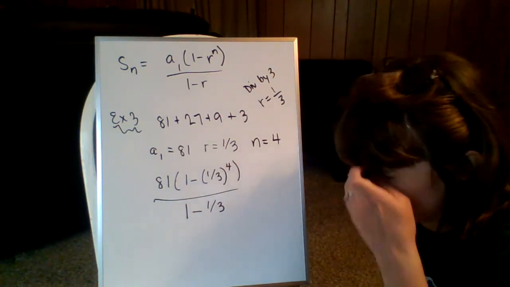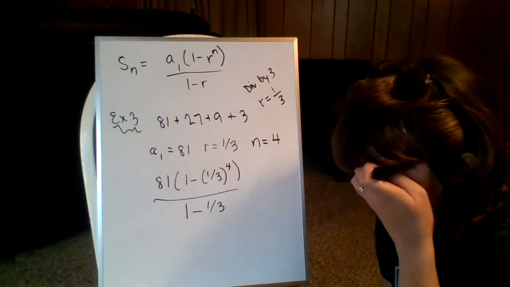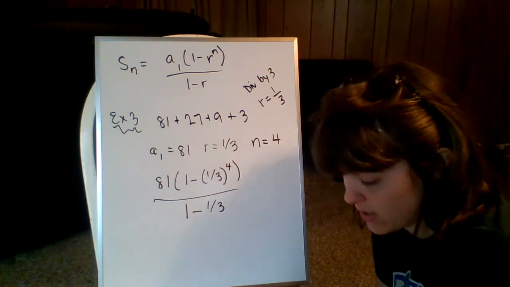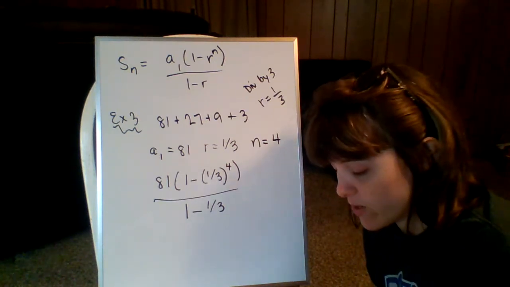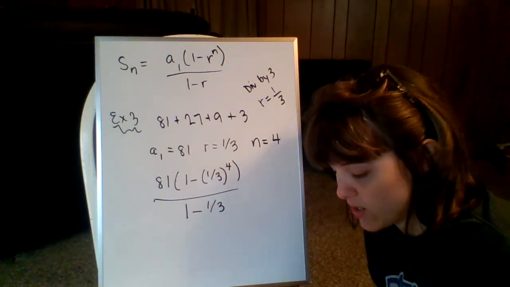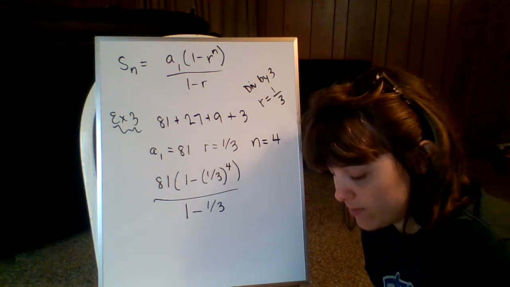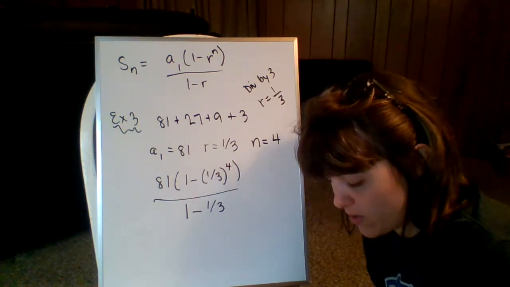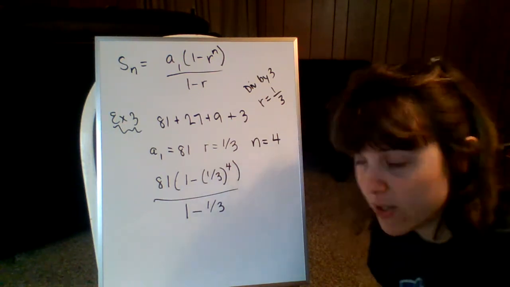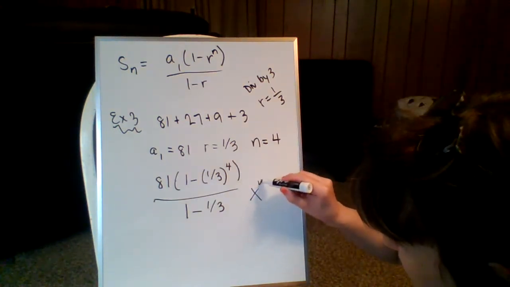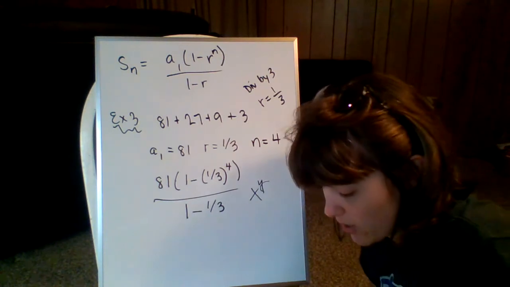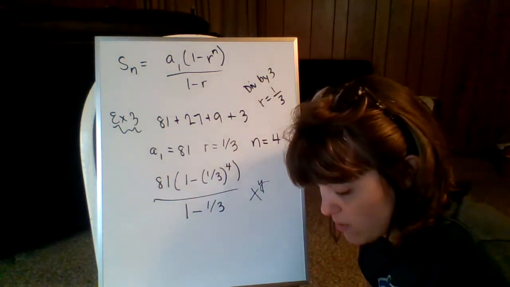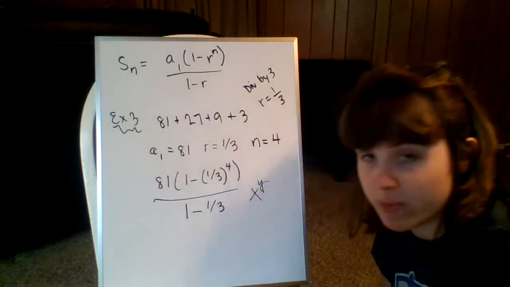So first you would do 81 times, parentheses, 1 minus 1 divided by 3. And then you're going to press the button that looks like this, X to the Y. Okay, 4, parentheses. And then you have to press equals.